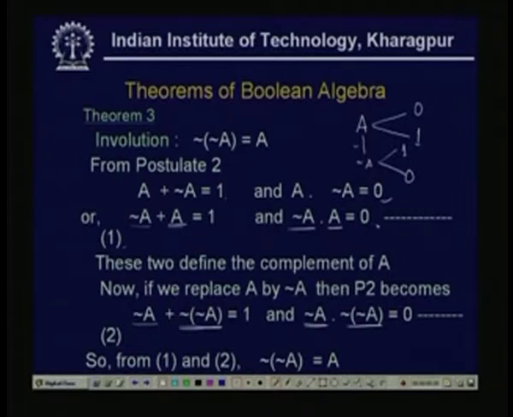So, from equation 1 and 2, we see that negation of negation A is A itself. This property is called the involution.